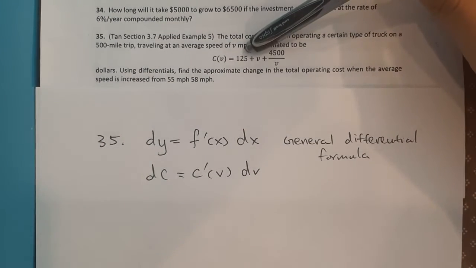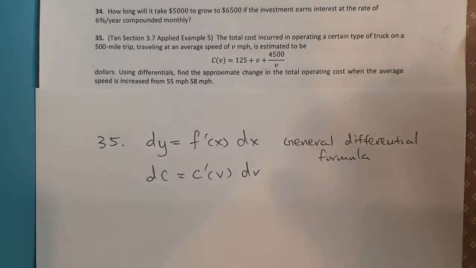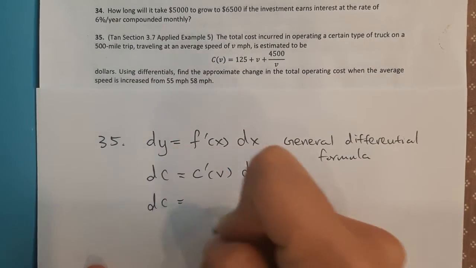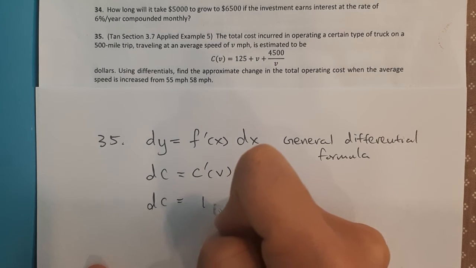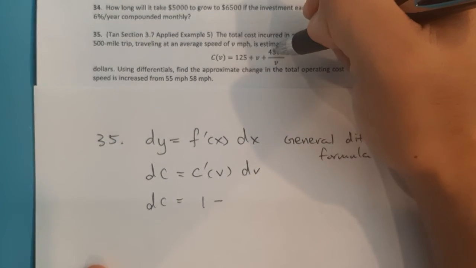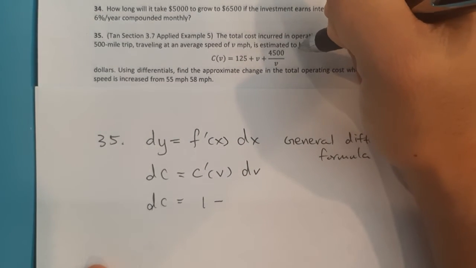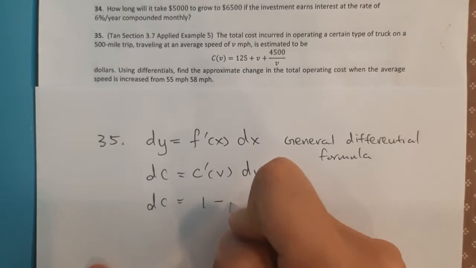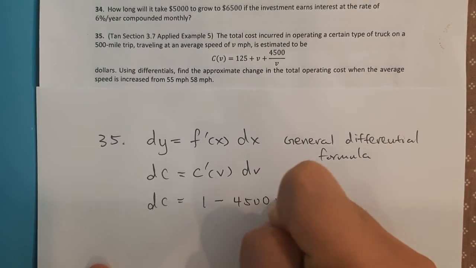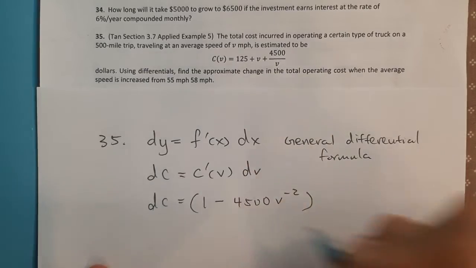Then we can get C prime of v, so that's going to be a 1. And then this can be written as 4,500 v to the negative 1, so we end up with a negative 4,500 v to the negative 2.